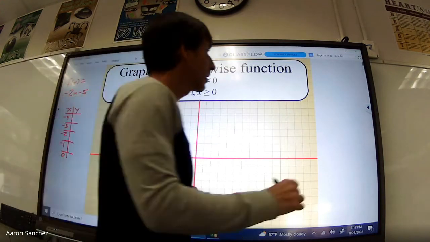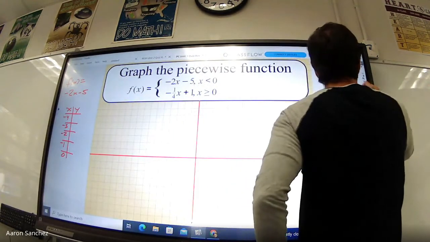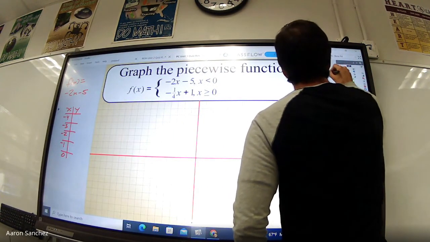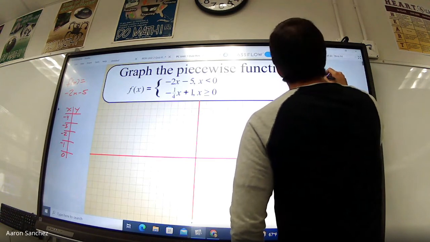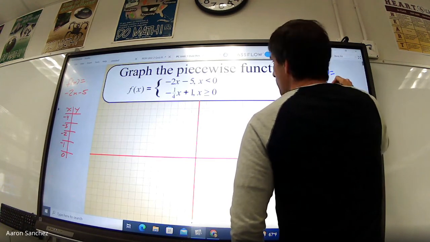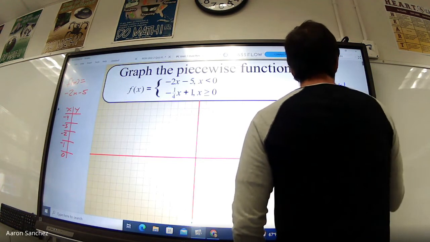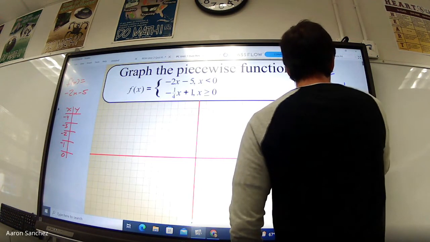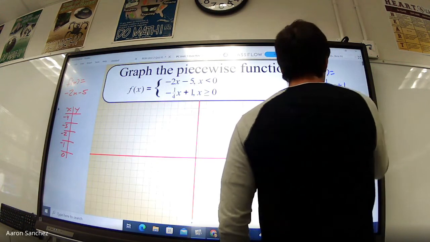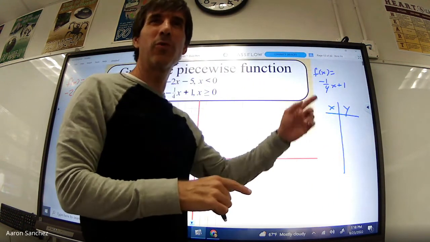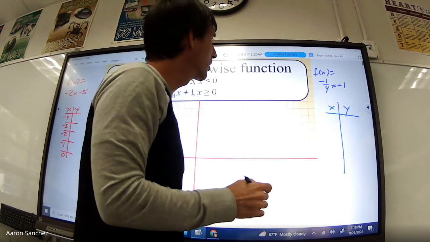And then on this side, I'll do f of x equals -1/4 x plus 1. And so this one, we'll do x. Now, because it's 1/4, I'm going to put numbers that are divisible by 4.